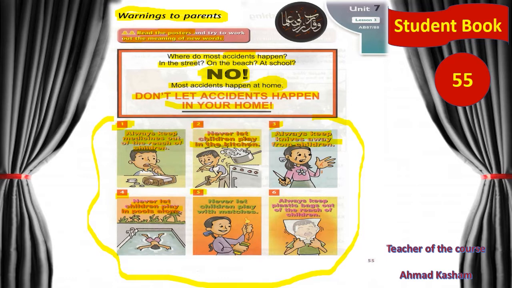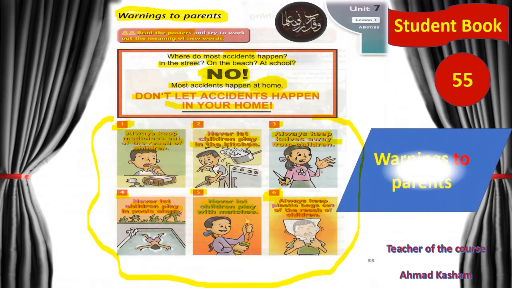Number 5, never let children play with matches. أبدا لا تدع الأطفال يعبثون بأعواد الثقاب. Number 6, always keep plastic bags out of the reach of children. دائما أبقي أكياس النايلو بعيدا عن متناول الأطفال. So my students, what do we have here? We have warnings to parents.